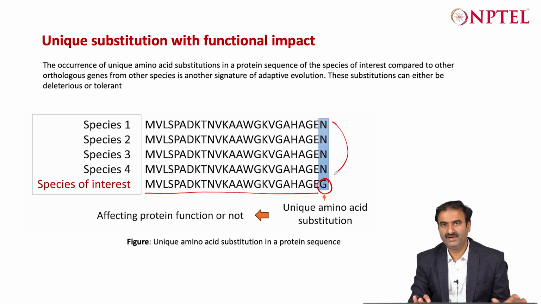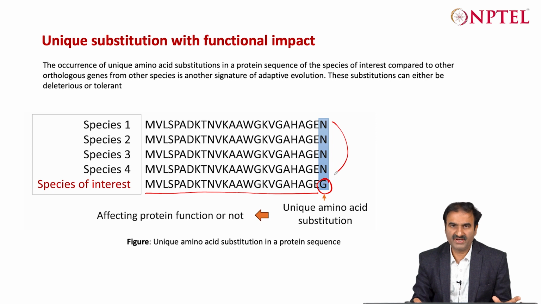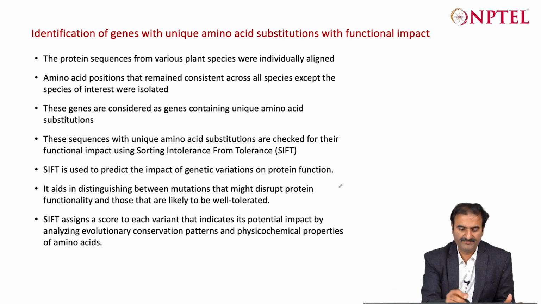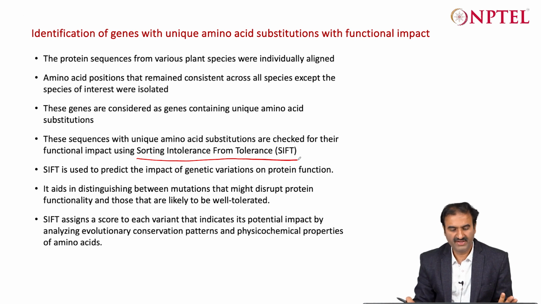Okay, so basically to note here is that you should have the multiple sequence alignment, before that the data or the sequences to compare, and then do the multiple sequence alignment, and then you can observe these kind of changes. Okay, so to identify the genes with unique amino substitutions, and that also are relevant for the functional impact, there is sorting intolerance from tolerance analysis, or SIFT analysis, which can predict the changes which are leading to some kind of functional impact.